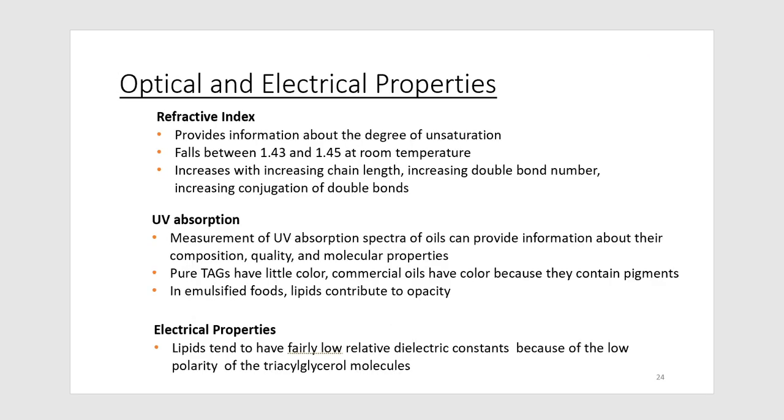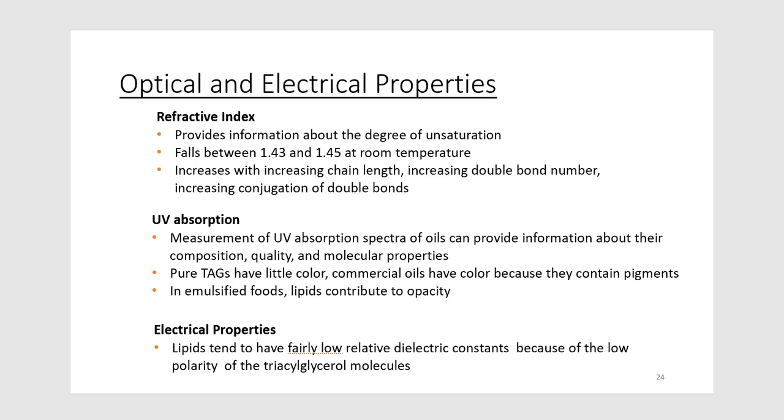Optical and electrical properties are worth mentioning. Refractive index is a property we use to have an idea about the degree of saturation. How much saturated or unsaturated fatty acids are there. So refractive index value of fats and oils falls between 1.43 and 1.45 at room temperature.